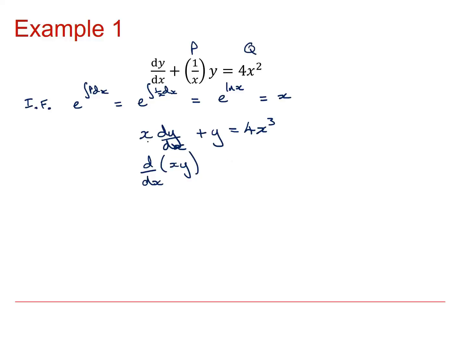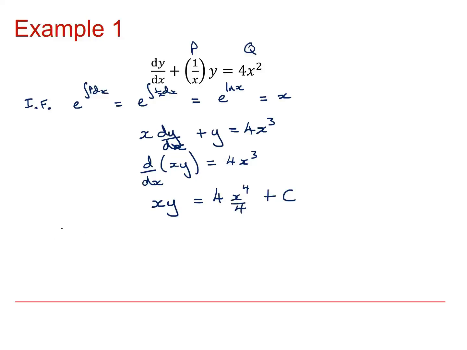In the early stages you might want to double check that that is the case. I'll get x dy/dx plus 1 times y. That's equal to 4x cubed. And so now integrating both sides, I'm going to get xy is equal to 4x to the 4 over 4 plus c.